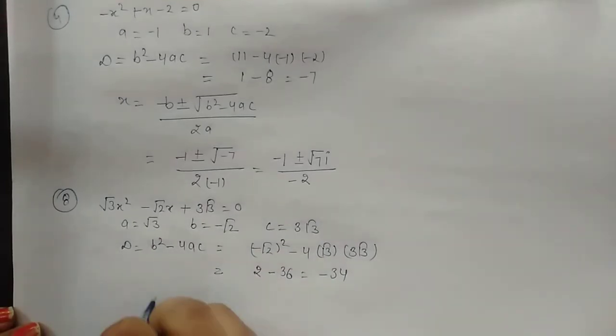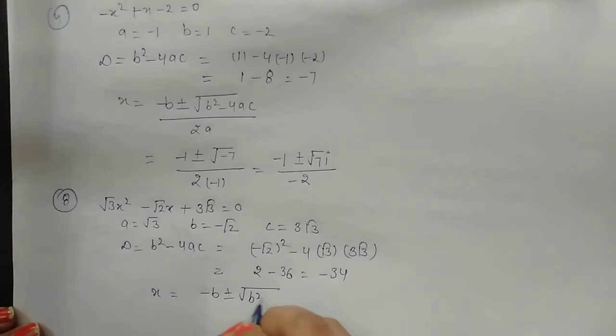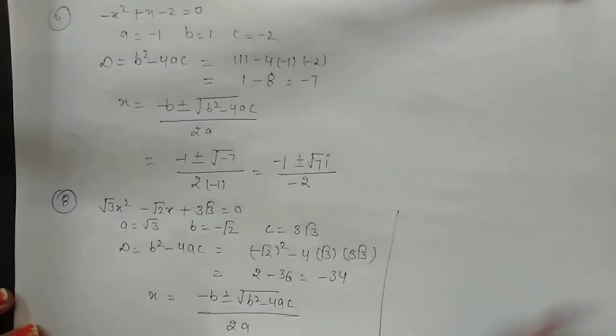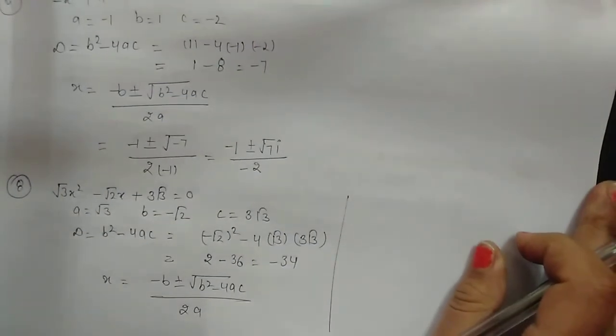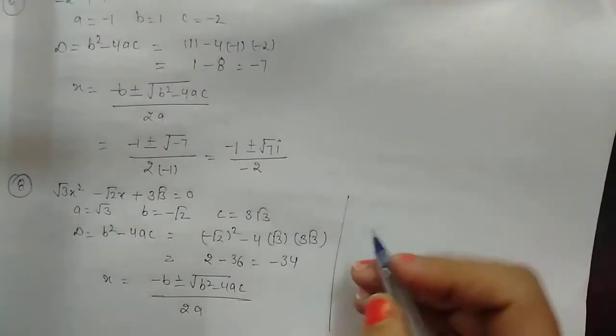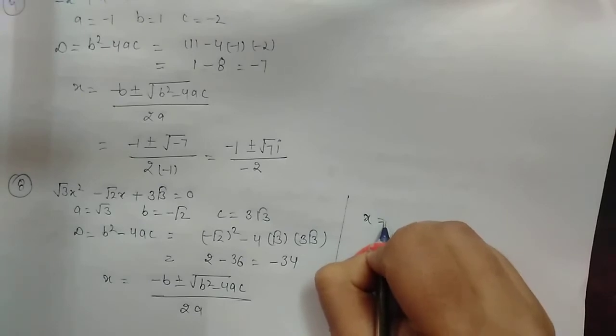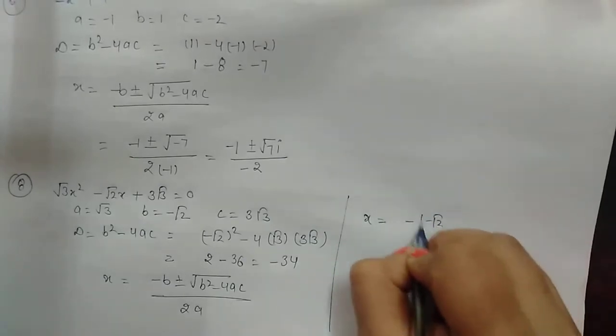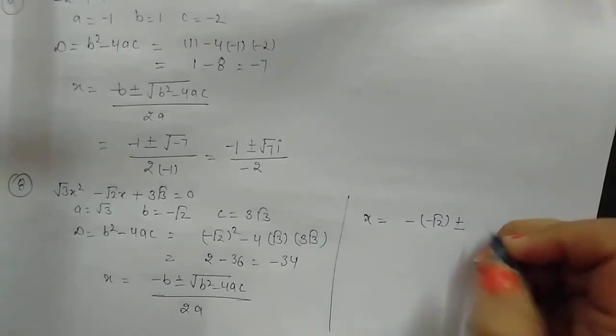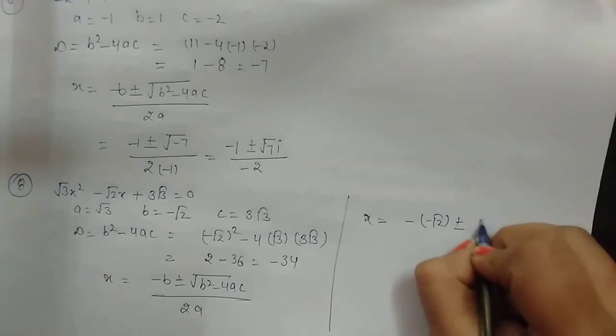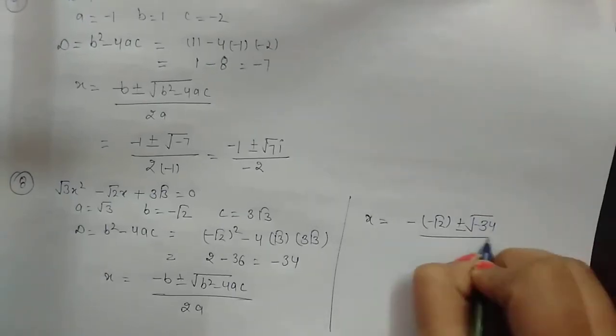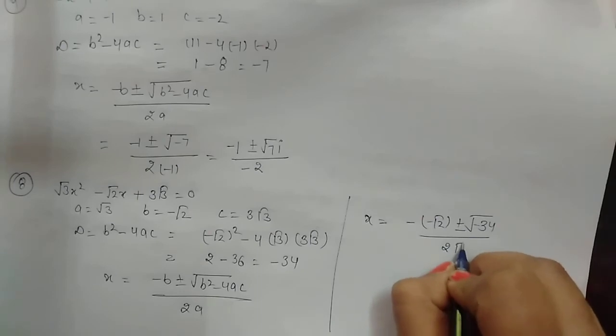Now we put the values in the formula, minus b plus minus root b square minus 4ac upon 2a. So our solution will be x equals to minus root 2 plus minus root of minus 34, upon 2 root 3.